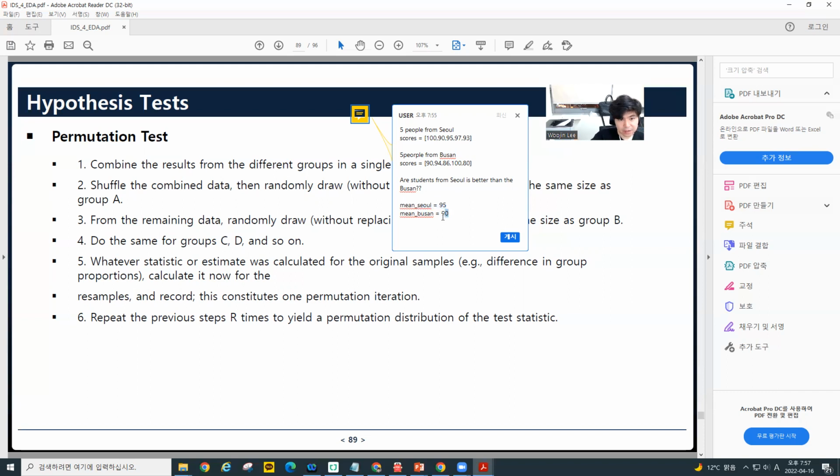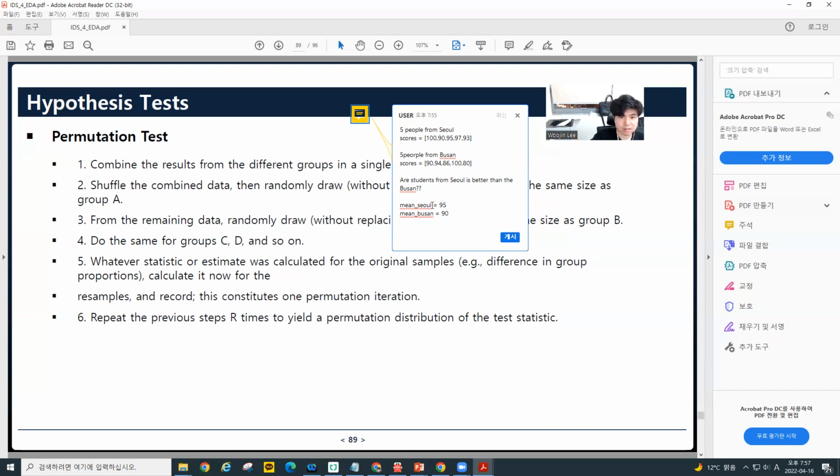The average of the Seoul people's scores is about 95, and the average of the Busan is about 90. We know it's true that these differ by 5 points between Seoul and Busan.